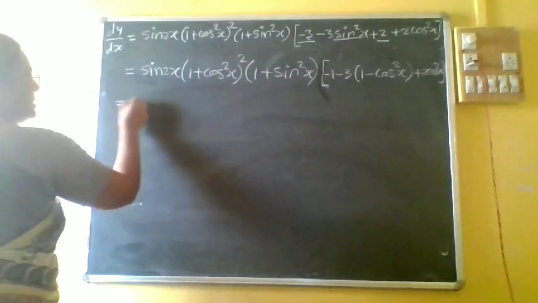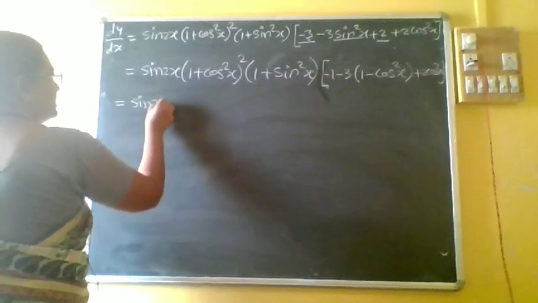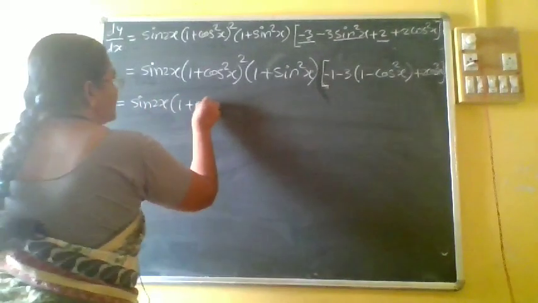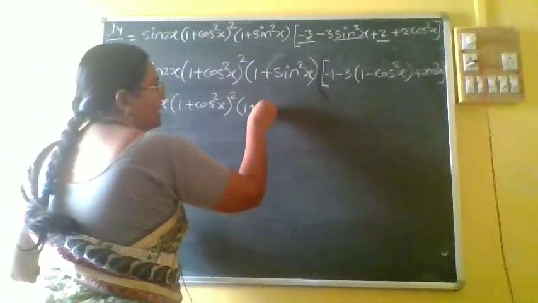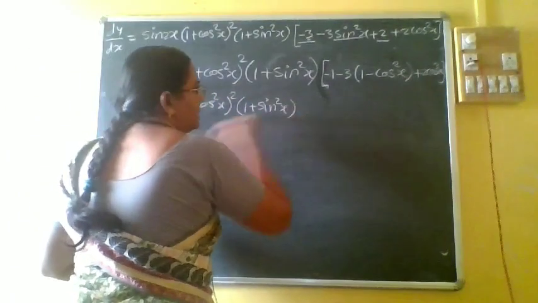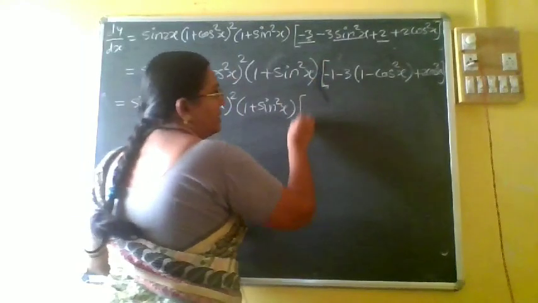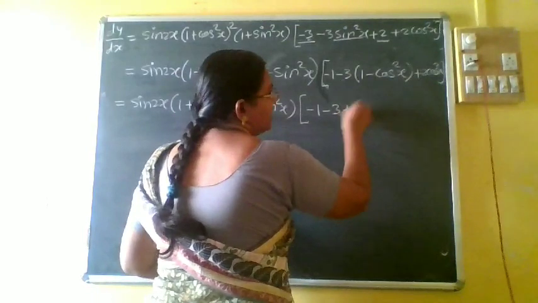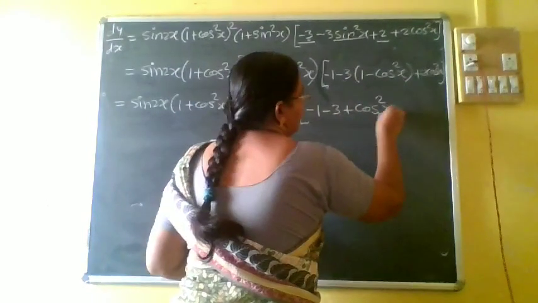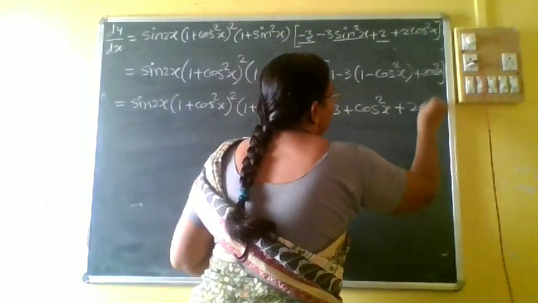Okay, this becomes sine of 2x, (1 plus cos square x) bracket square, (1 plus sin square x) bracket raised to 1 as it is, and this minus 1, this minus 3 minus plus cos square x plus 2 cos square x.